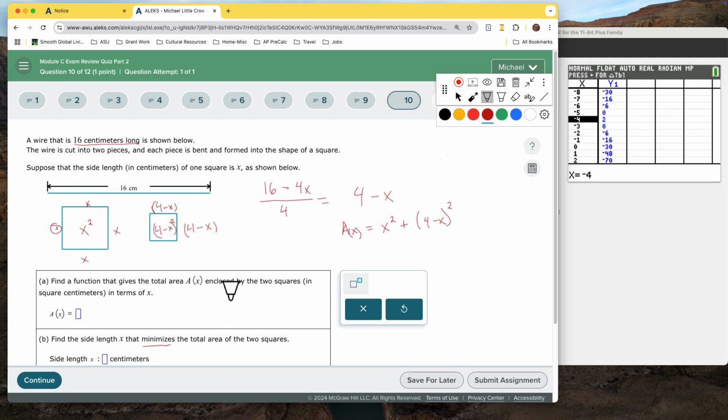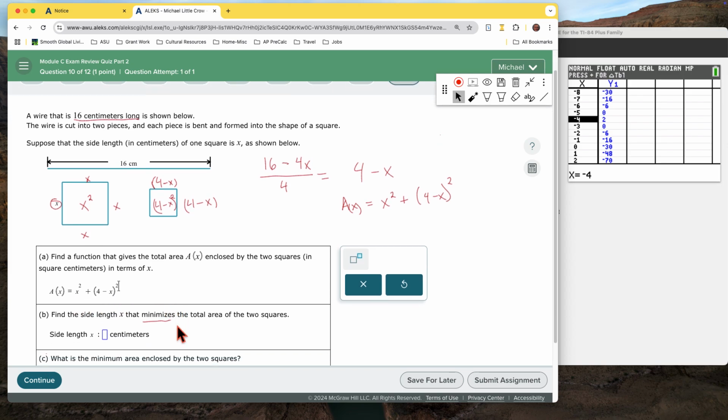We can go ahead and leave that as is and enter that in there: x squared plus, parentheses, 4 minus x, squared. Now, yeah, you could FOIL this out, and we'll do that if need be.